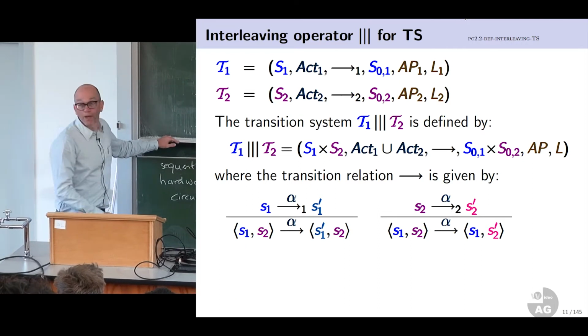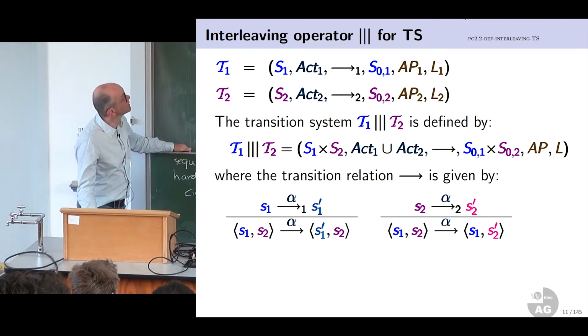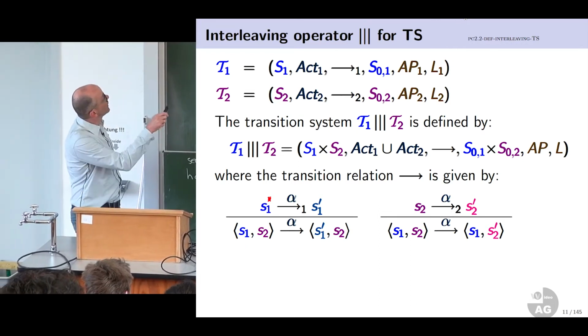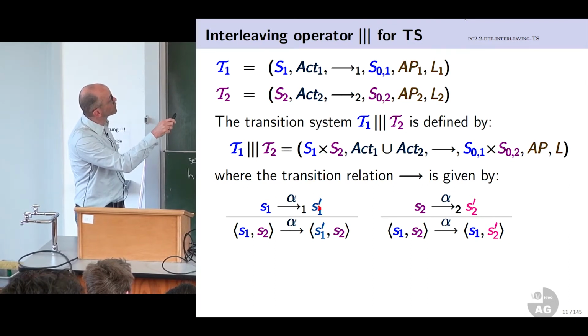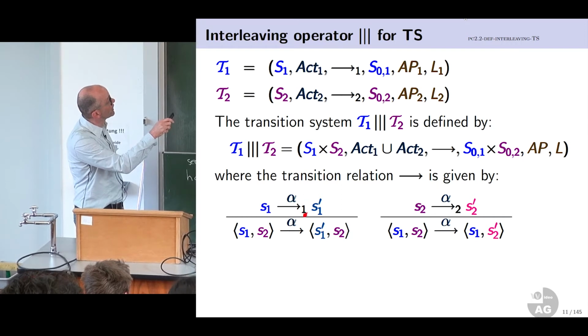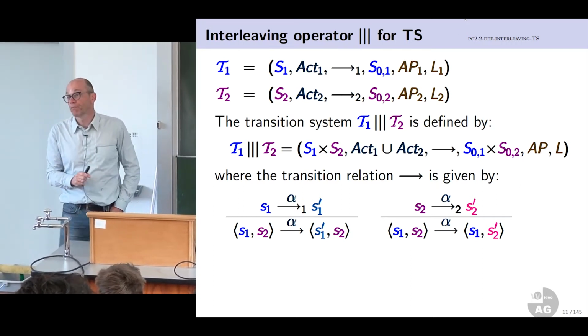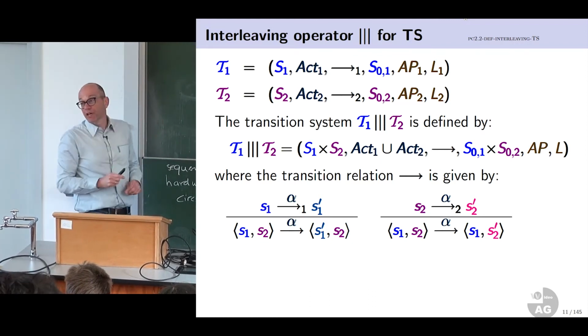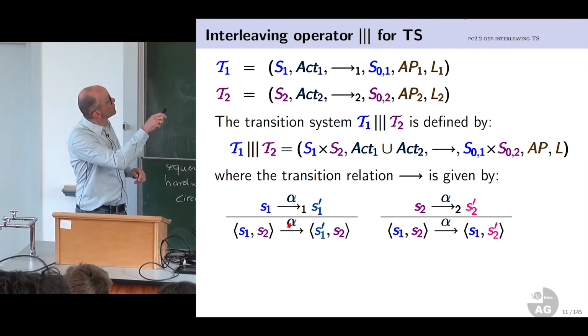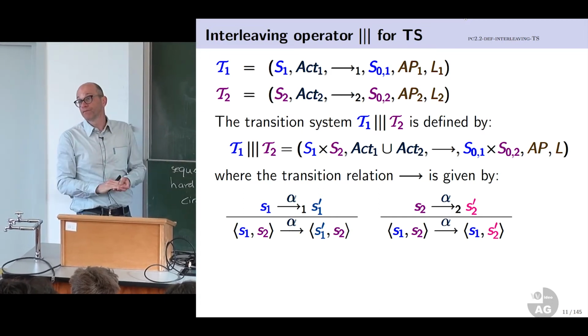So the two rules that we have here, and the rules are symmetric, is that if S1 can move by alpha to S1 prime according to the transition relation of the first transition system, then a pair of states S1, S2 can also do this alpha under the transition relation of the parallel composition.